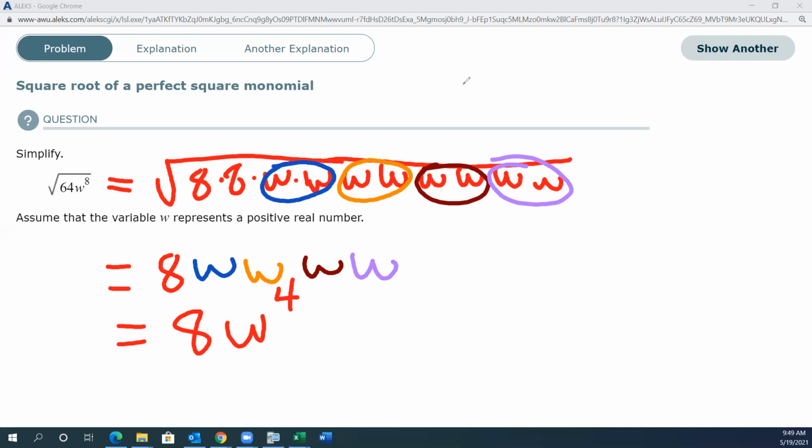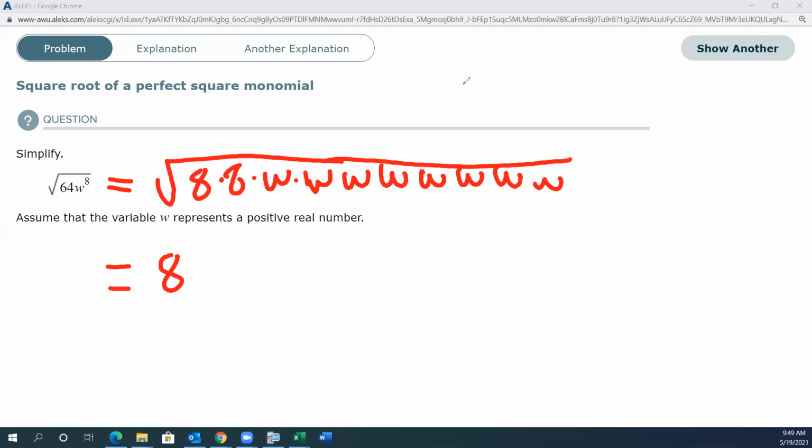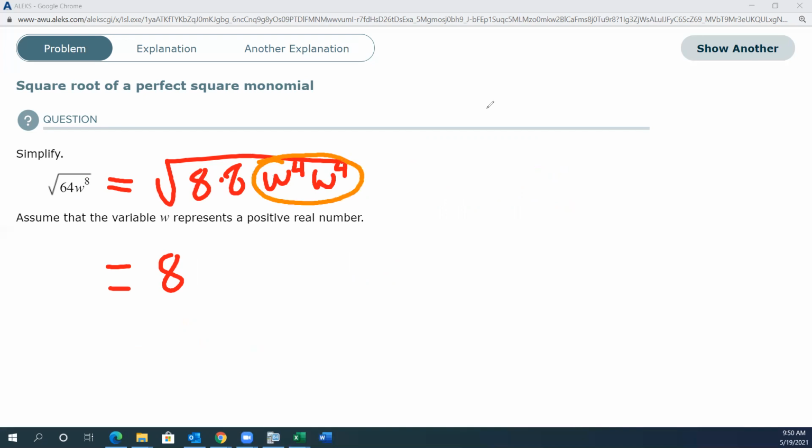So let's see an alternative way of doing that that might be a little faster. I could say, well, w to the 8th is w to the 4th times w to the 4th. And then, hey, look, I've got a group of 2 things that are the same. So I could write it like that.